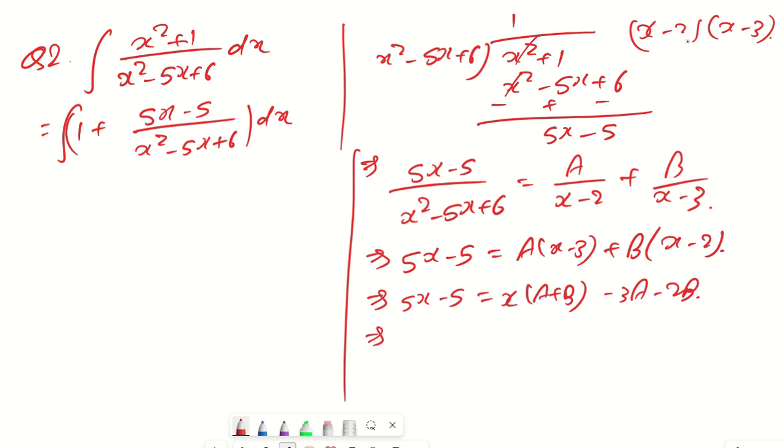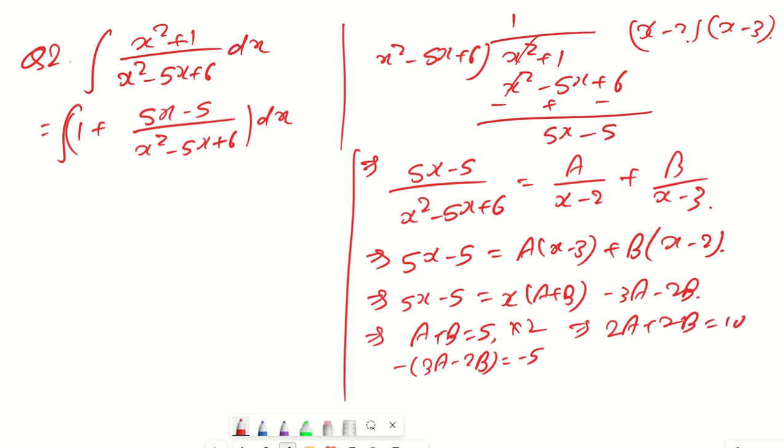So from here we are going to equate it and we are going to get a plus b is equal to 5 and minus of 3a plus 2b is equal to minus 5. So minus will get cancelled. So we have a plus b equal to 5 and 3a plus 2b equal to 5, right? So if you multiply this by 2, we are going to get how much? 2a plus 2b is equal to 10, and we have one more equation which is 3a minus 2b equal to 5.